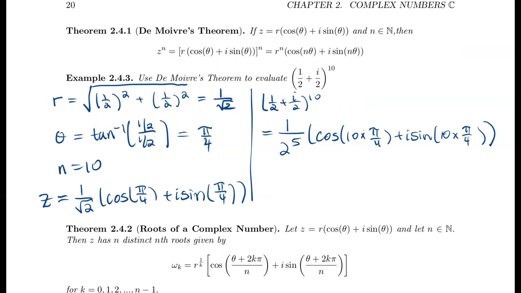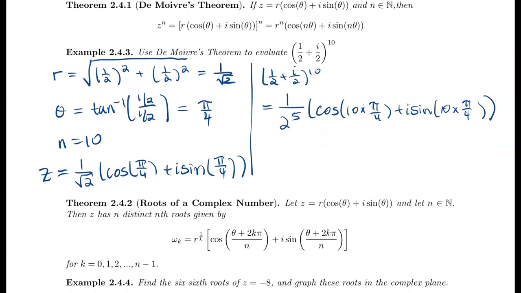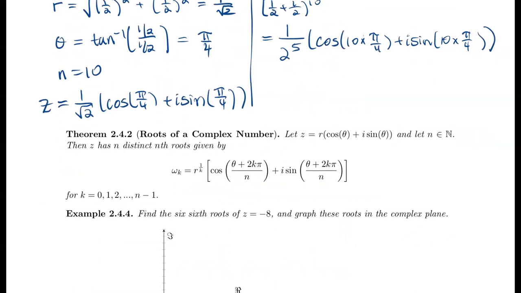Okay, so let's have a look at the next theorem that talks about the roots of a complex number. The theorem here says if z is equal to r times cos theta plus i sine theta, and let n be any natural number, then z has n distinct roots given by omega of k, which is equal to r to the power of 1 over n multiplied by cosine of theta plus 2k pi divided by n plus i sine of theta plus 2k pi divided by n.